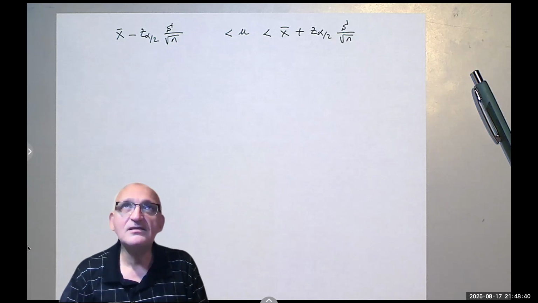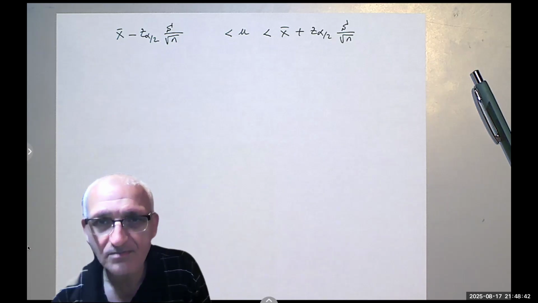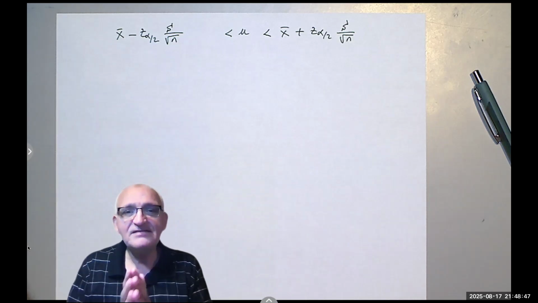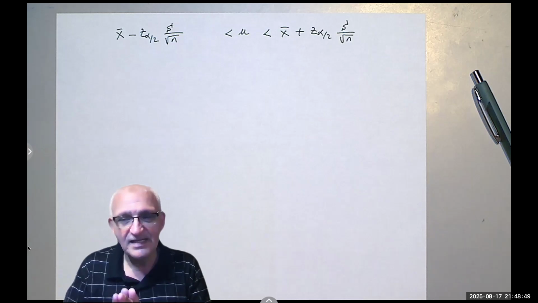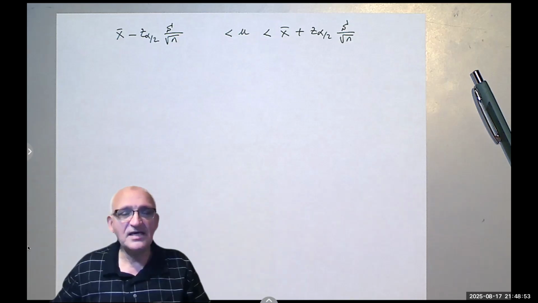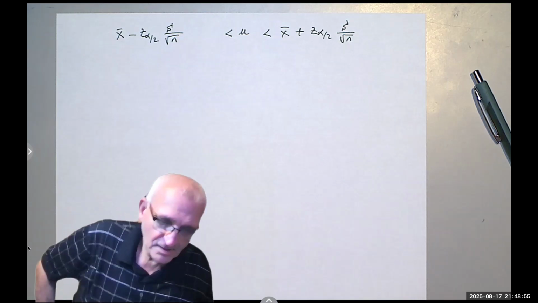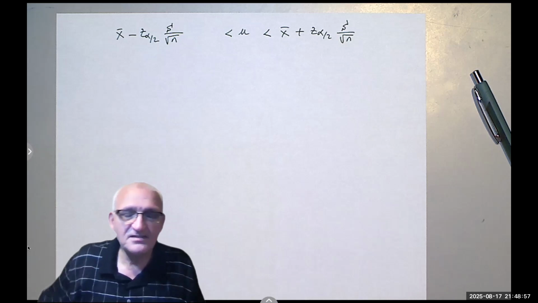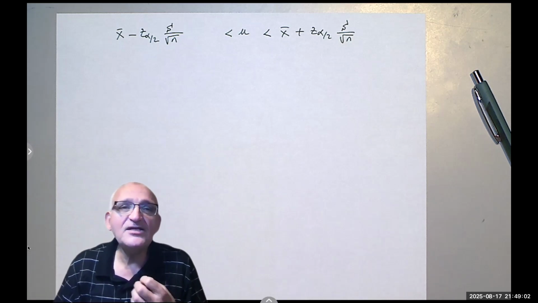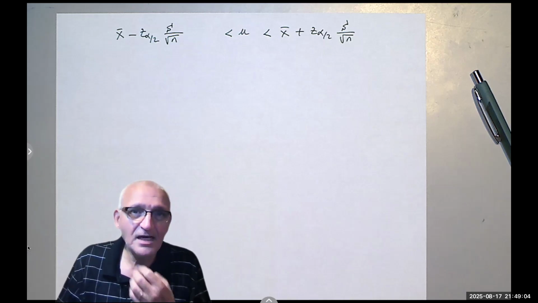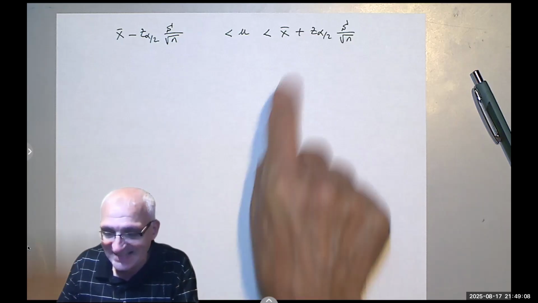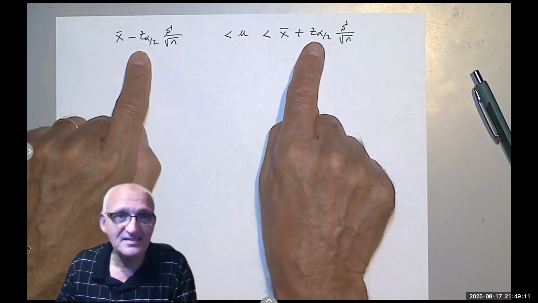Bias means there is a consistent overestimate or underestimate. We'll learn again about that. It usually underestimates the standard deviation sigma. So instead of using the Z, we can use another distribution called the T. So you will be using a T statistic instead of a Z statistic.